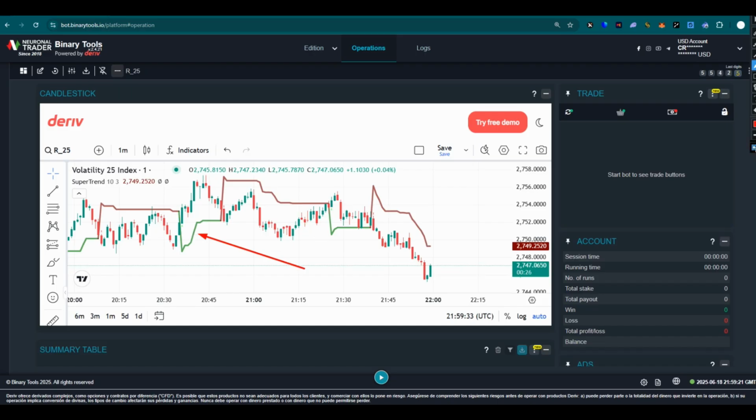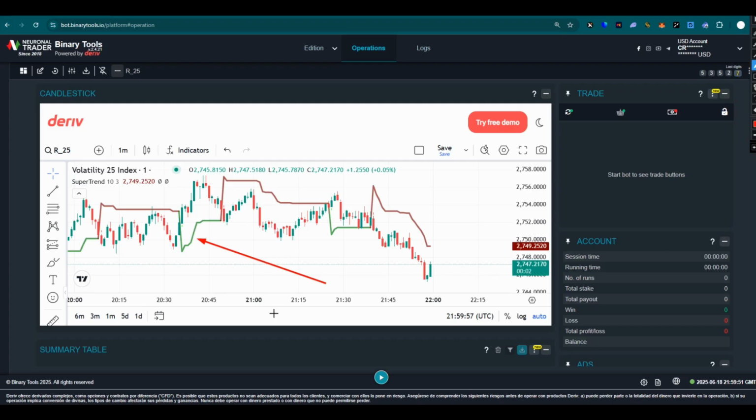So now you need these rules for you to trade and take the entry. If the line of this Supertrend is green, that means you will only trade for a higher option, or you can say call option. Only call option you're going to trade when you see this is a green one.